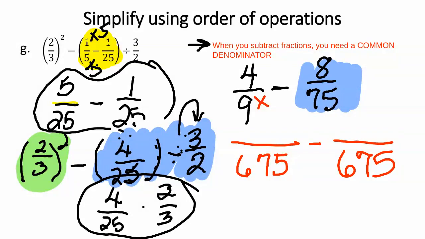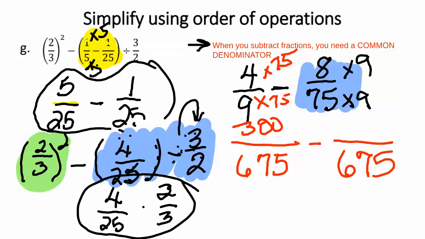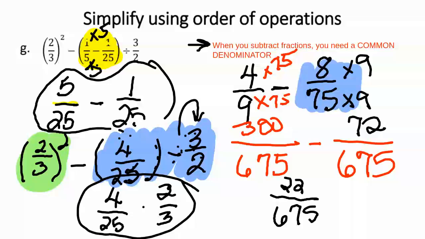So if I multiply this by 75, I have to multiply 4 by 75, and I get 300. If I take 75 and multiply by 9, I've got to multiply by 8, which is 72. Now, my common denominator is 675, and 300 minus 72 is 228.